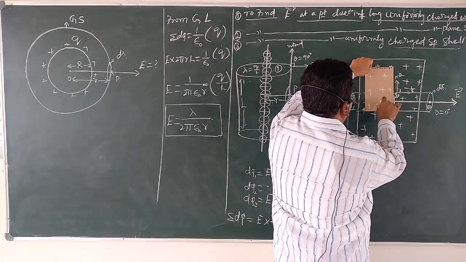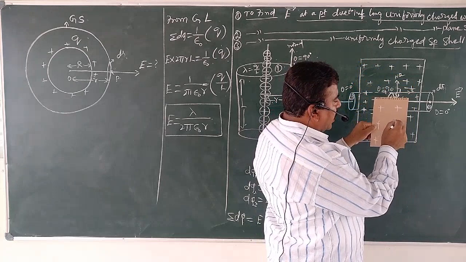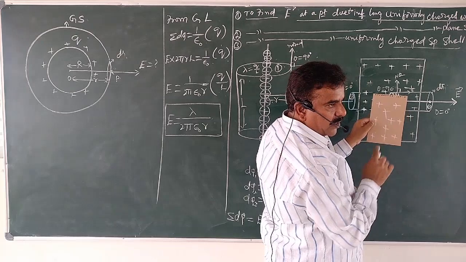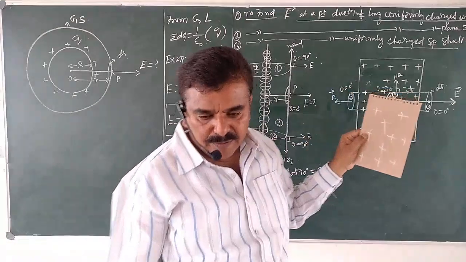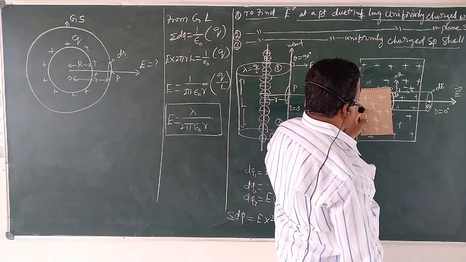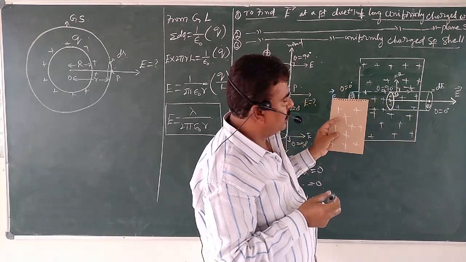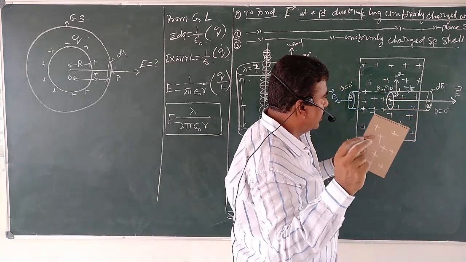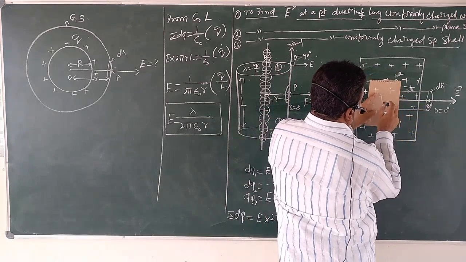Our intention is to find the electric intensity near this surface using Gauss law. To use Gauss law, we have to consider a closed surface. Here also, we will consider the closed surface as a cylindrical surface. Assume a Gaussian cylinder passing through the plane sheet.